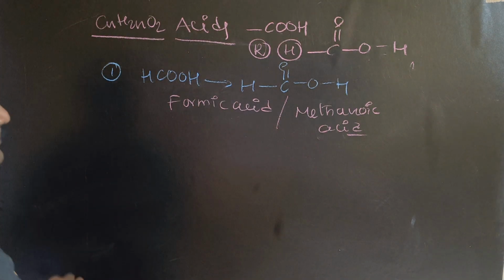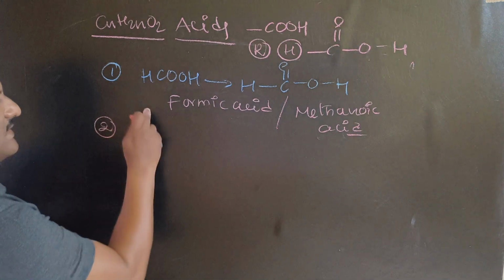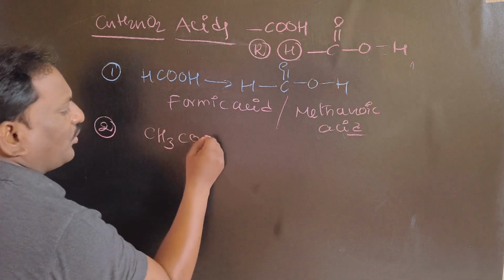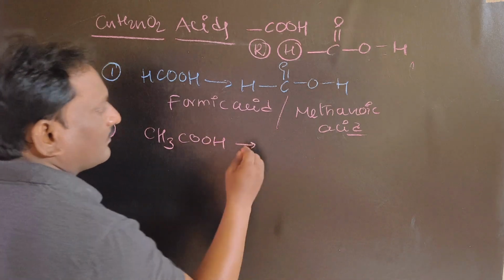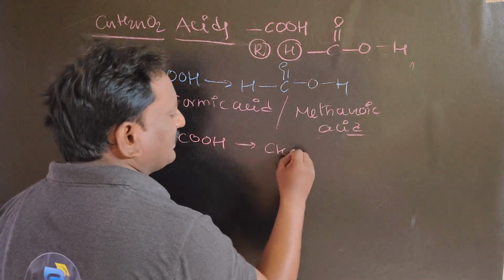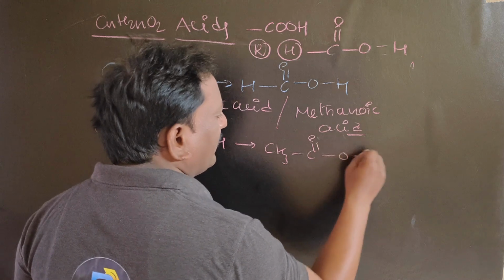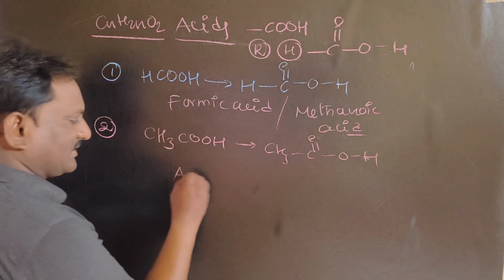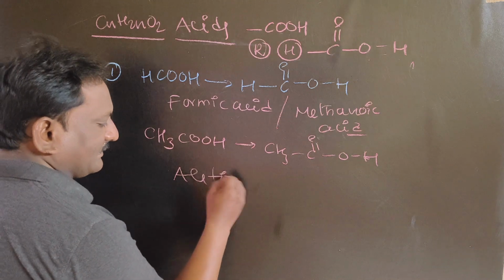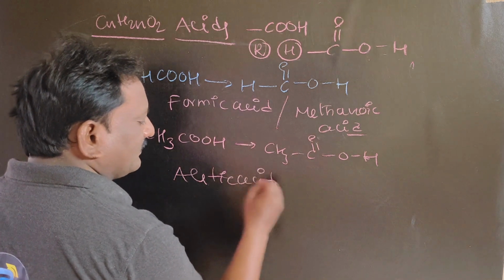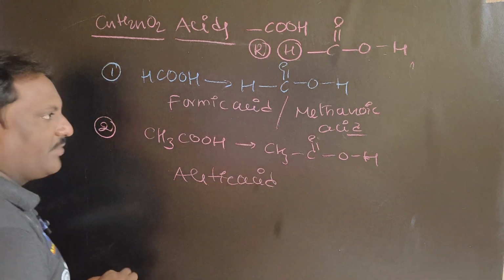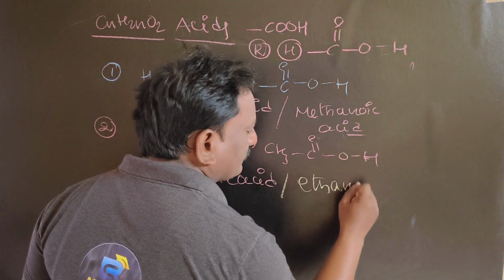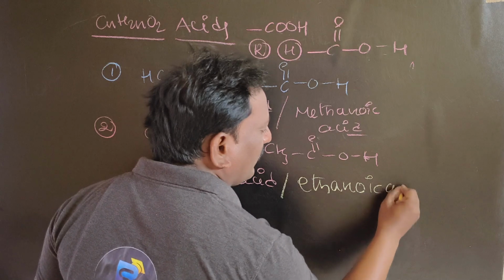Right. Second member, just add a CH2 group to this hydrogen: CH3COOH. You can write it like this: CH3 C double bond OH. This is called acetic acid, present in vinegar. Acetic acid. The IUPAC name will be ethanoic acid.